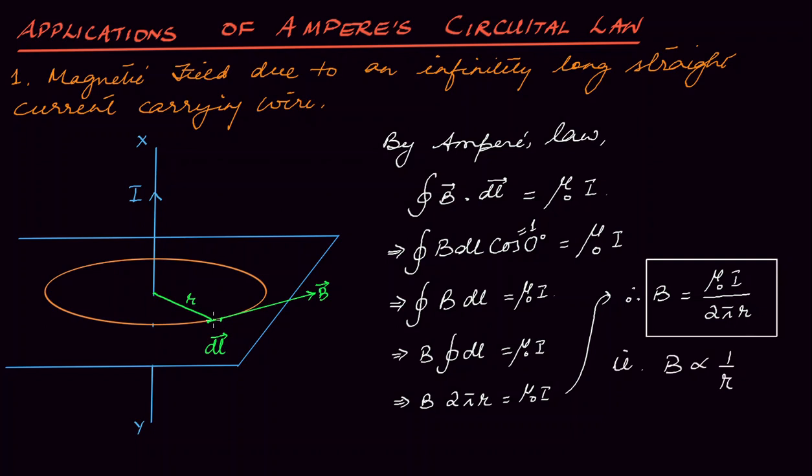Suppose I go farther and farther away from the wire, what will happen to the magnetic field? The magnetic field will decrease, right? Why? Because if r increases, then this magnetic field will decrease. Got it? If r is very large, it becomes infinite, then in that case the magnetic field will be 0.